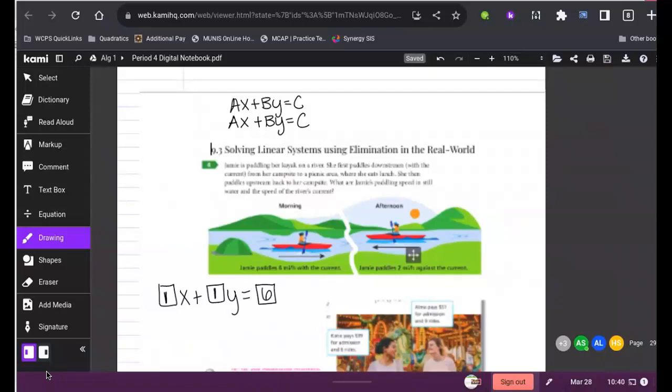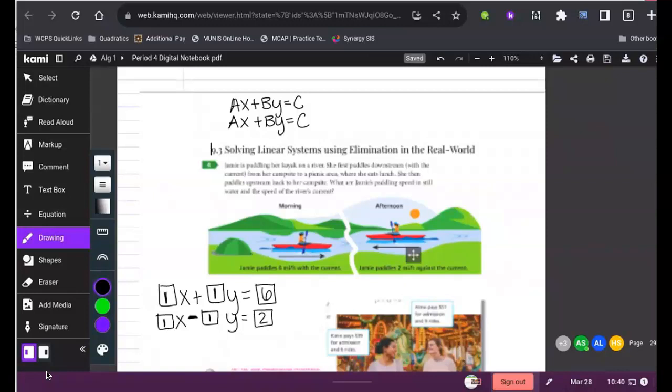Now, the other equation, blank x plus blank y, is equal to blank. This is going to be against the current. So we're actually going to make this minus y, because we're not with the current, we're going against the current. So our speed of paddling, 1x, minus the speed of the current, 1y, is equal to 2 miles per hour against the current.